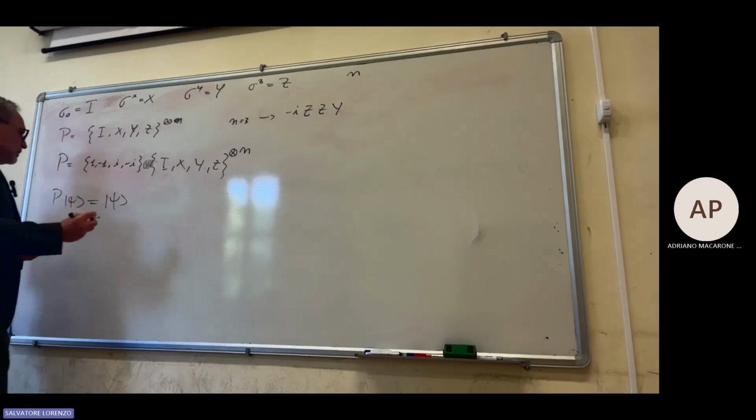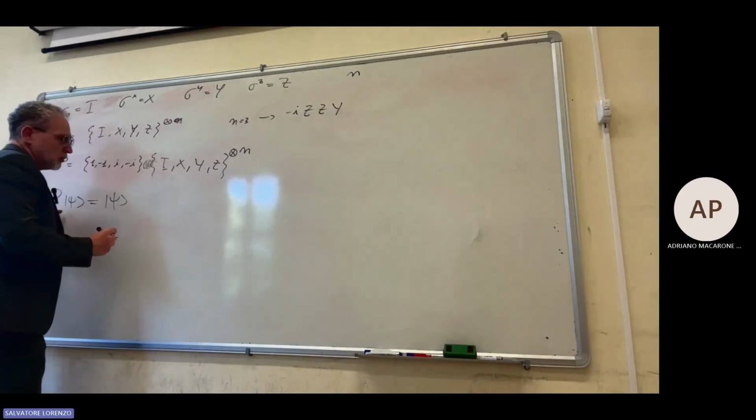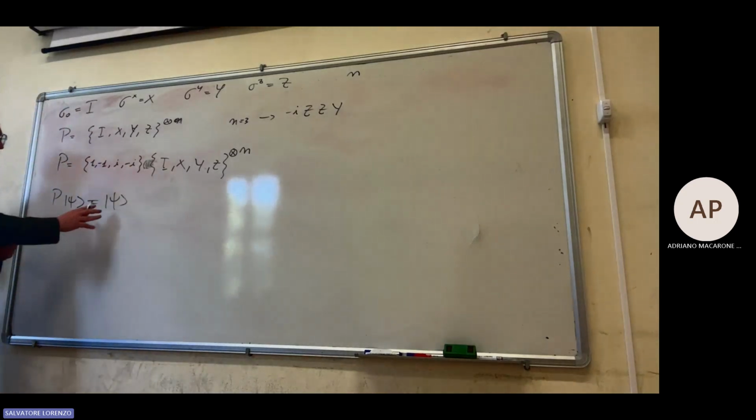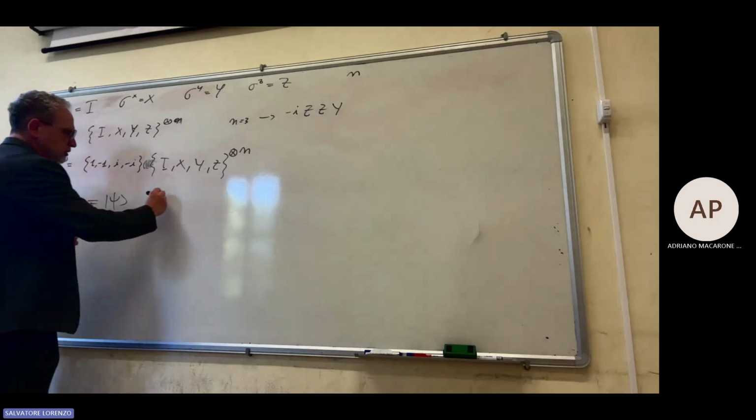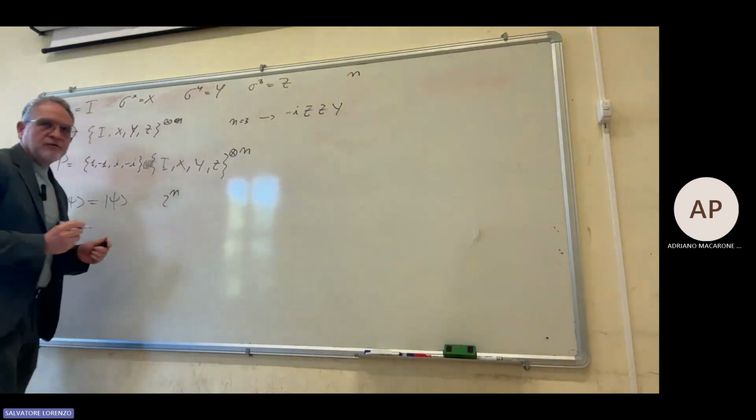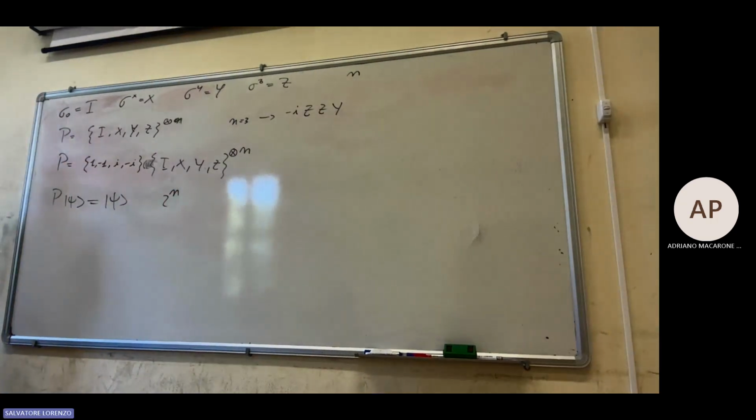We can prove that given a state that satisfies this relation for at least one Pauli string, there are a total of 2^n different elements of this kind, which is called the stabilizer group of the state psi.